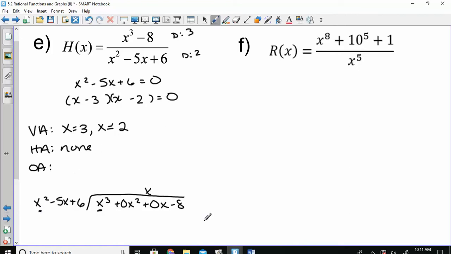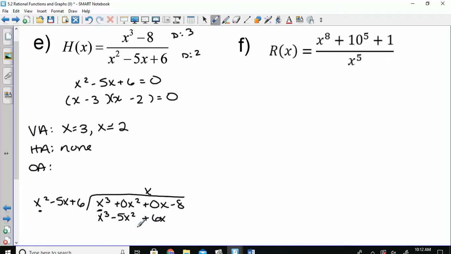X. So we'll put an x up here. Then x times all of this. So x times x squared is x cubed. X times negative 5x is negative 5x squared. X times 6 is 6x.